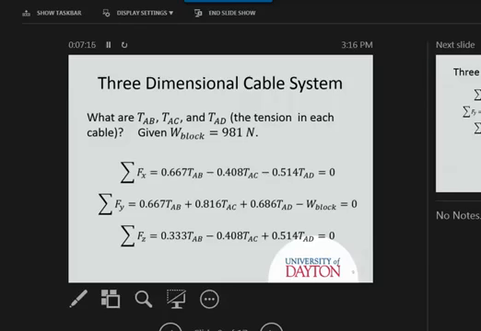And our number of columns equals our number of unknowns. So for determinate systems, we always have a square A matrix because we have the same number of unknowns as we have equations. Any questions about anything so far?